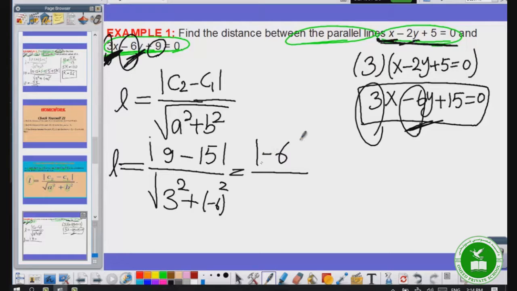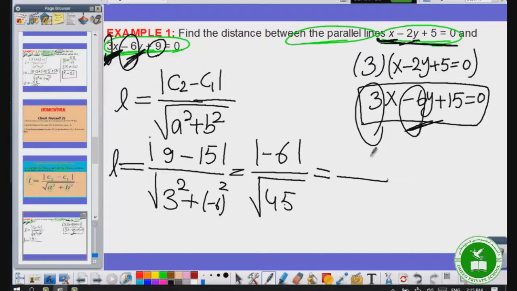It becomes equal to 6 divided by under root 45. 3 square is 9 plus 6 square is 36, so it becomes 45.